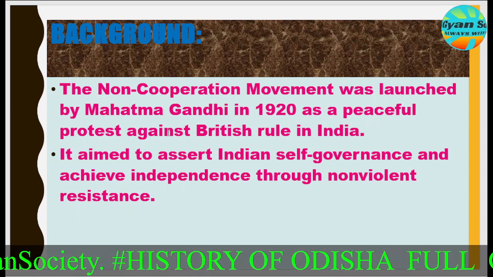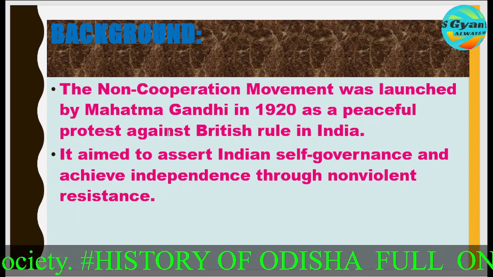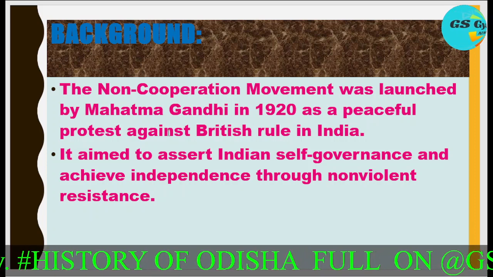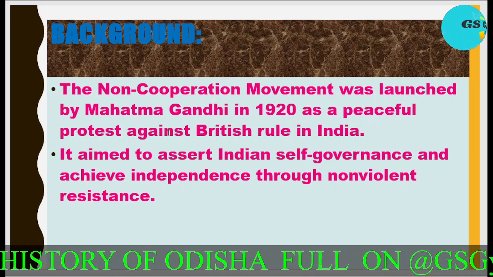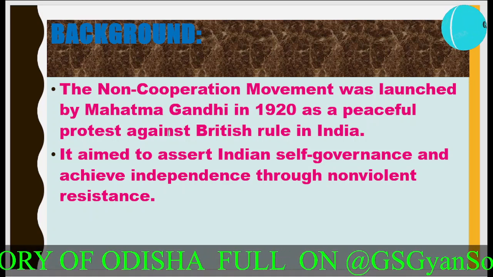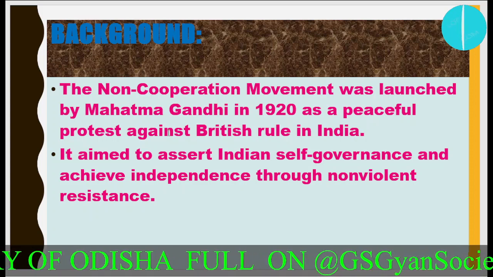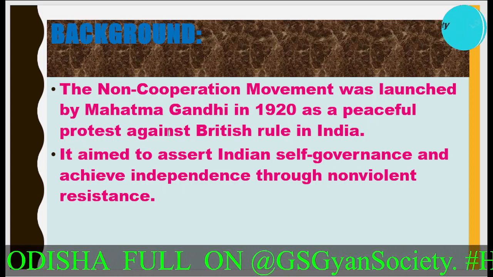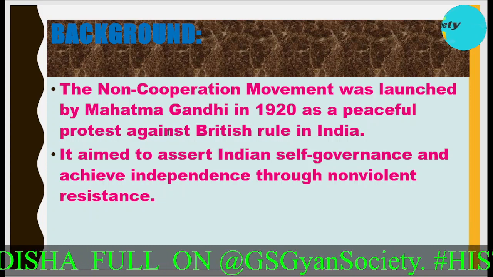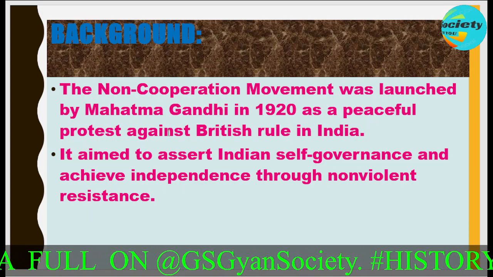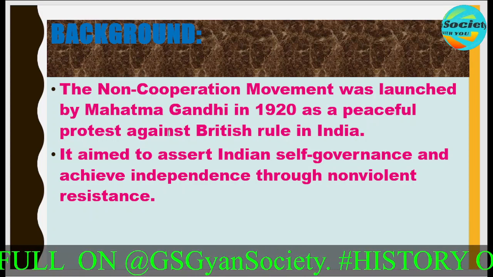But this movement is peaceful. The aim of this movement is to assert Indian self-governance and achieve independence through non-violent resistance. The aim is that we will achieve self-reliance and self-government, and this independence will be achieved through non-violent means, not violence. These are the aims of this movement.